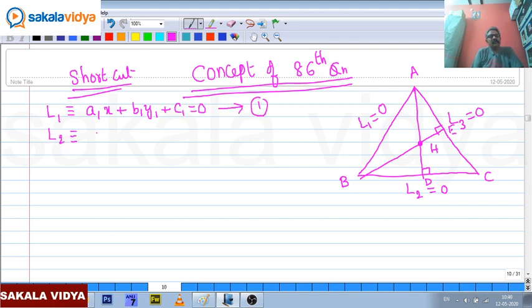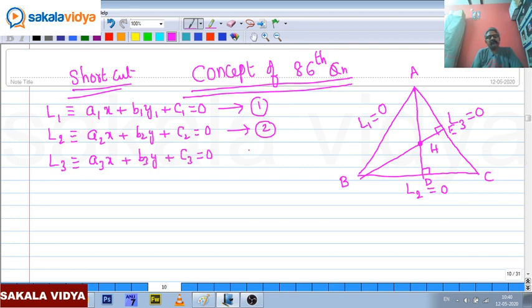L2 equals to A2x plus B2y plus C2 equals to 0, say equation 2. L3 equals to A3x plus B3y plus C3 equals to 0, say this equation 3.